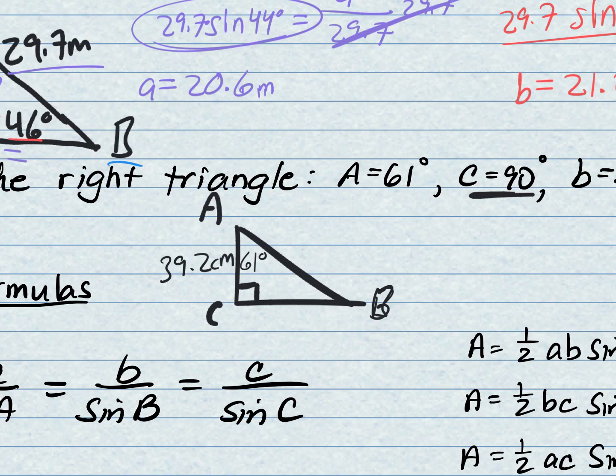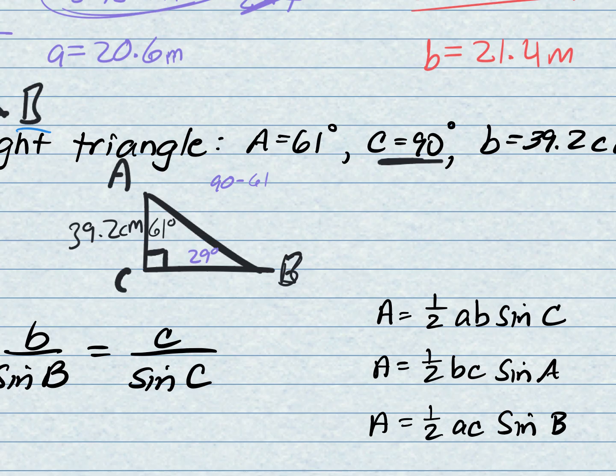So to find angle B, we're given two angles already, so we can subtract 61 from 90, and that gets us 29 degrees for angle B. It's a right triangle, so A and B are going to be complementary.